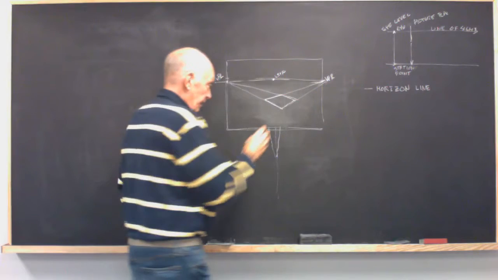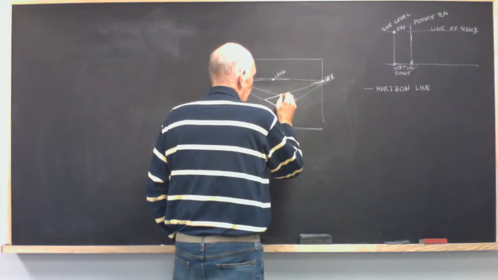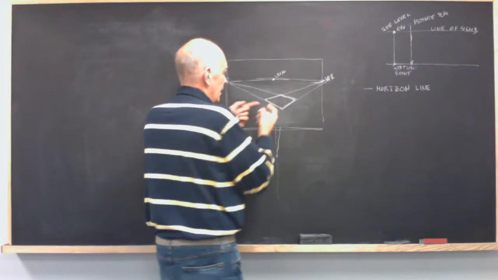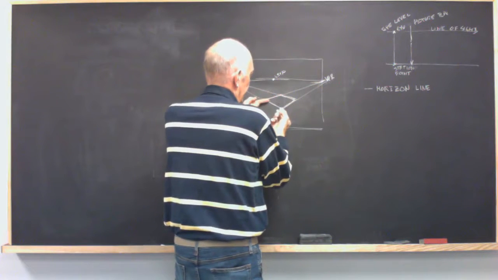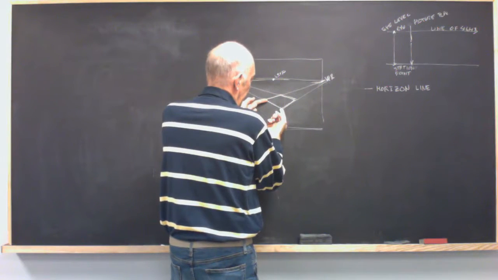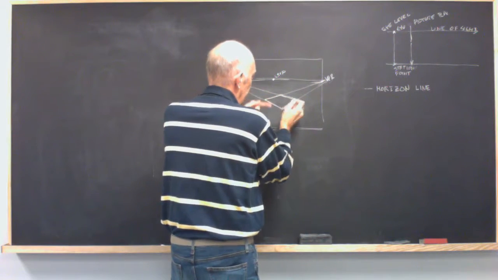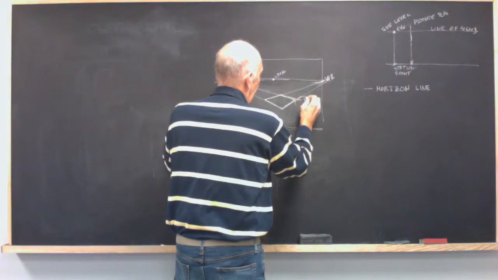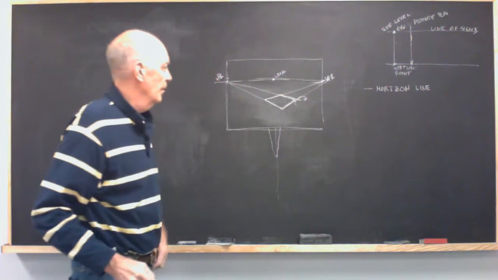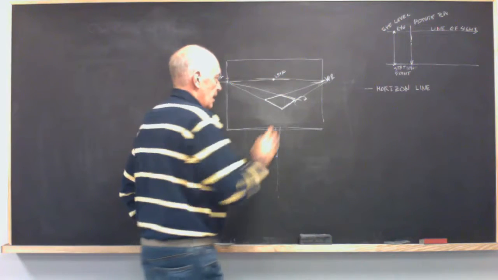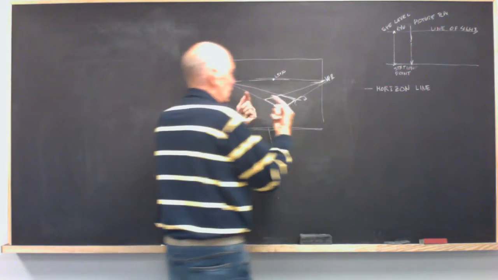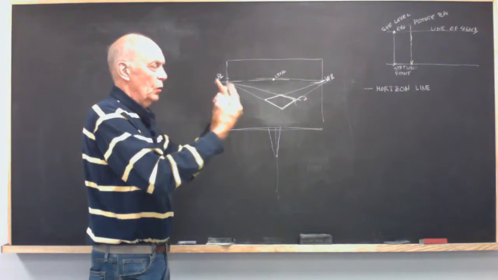Now, if I was to take this corner here and rotate it around this back corner, I would have what's called an inclined plane towards me.